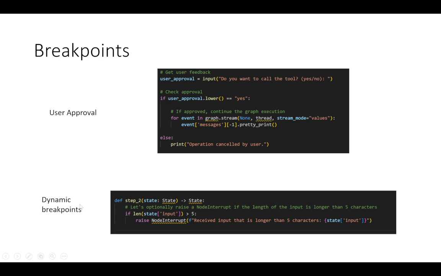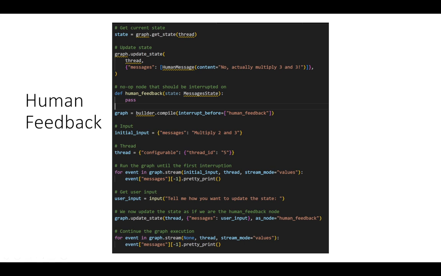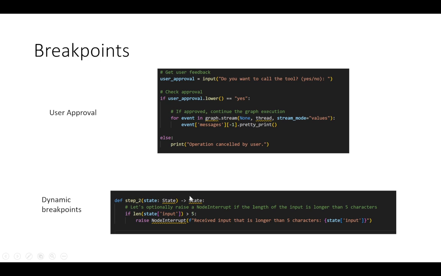Now there are also dynamic breakpoints, which are based on a condition. Here I have a node called step 2, and the way you break dynamically is by raising this node interrupt. Just like we had this interrupt before in the compile, you basically raise a node interrupt.